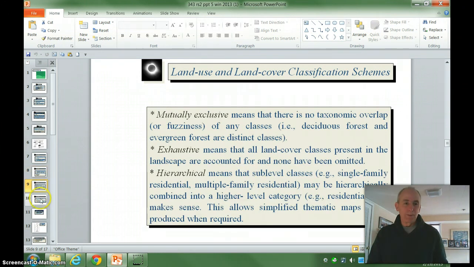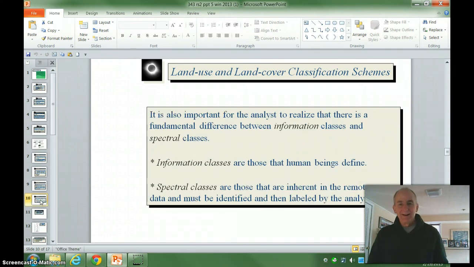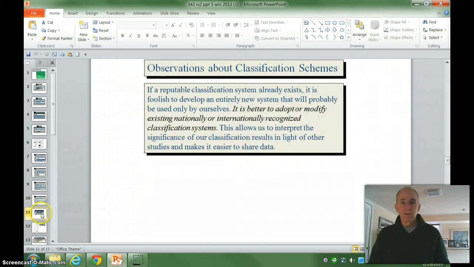And this is a little bit more on that care that you need to take. Again, this is just more about language. Information classes are like residential, whereas spectral classes are the spectral signatures of different kinds of residential that are inherent within a particular image or a particular data set that you may be working with.